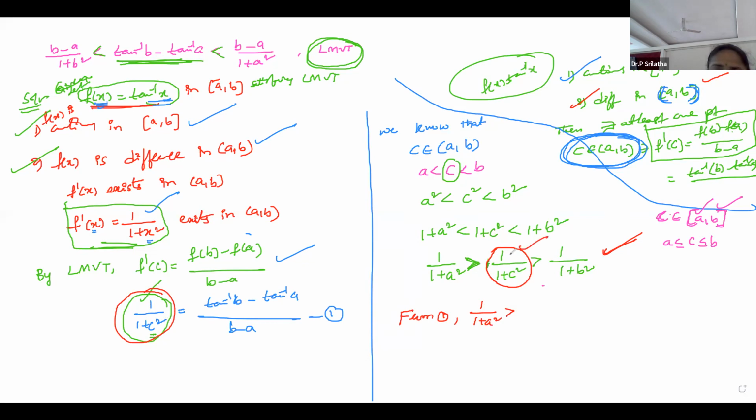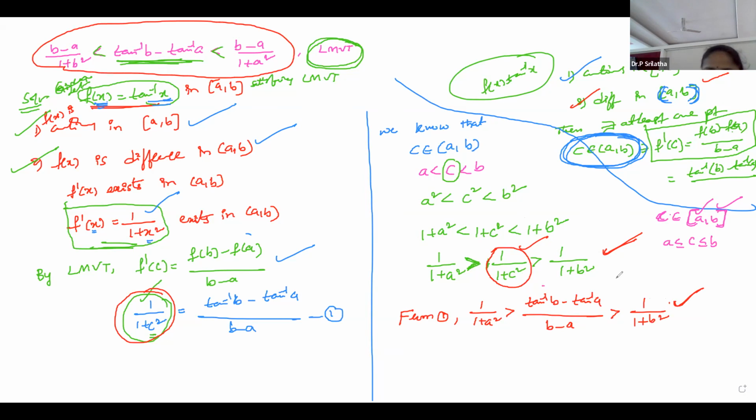What is the value of 1 by 1 plus c square? That value is tan inverse b minus tan inverse a divided by b minus a is greater than, and the remaining part is here 1 by 1 plus b square.